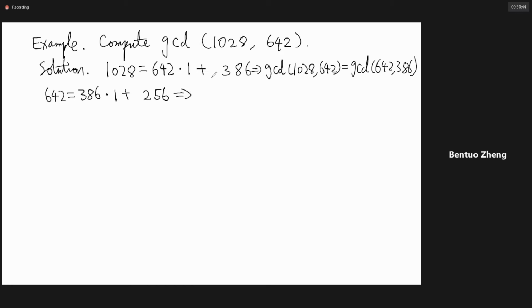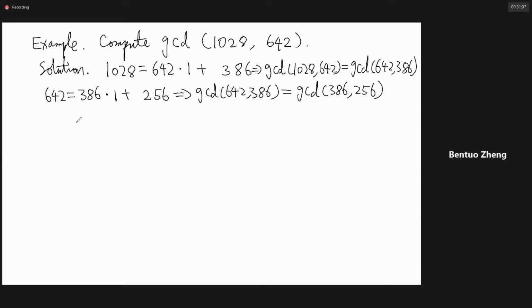So this implies the greatest common divisor of 642 and 386 is equal to the greatest common divisor of 386 and 256.